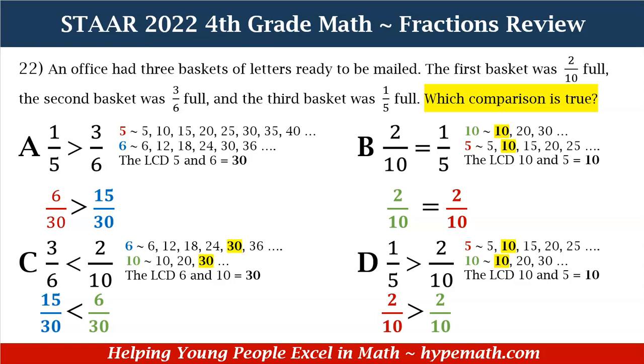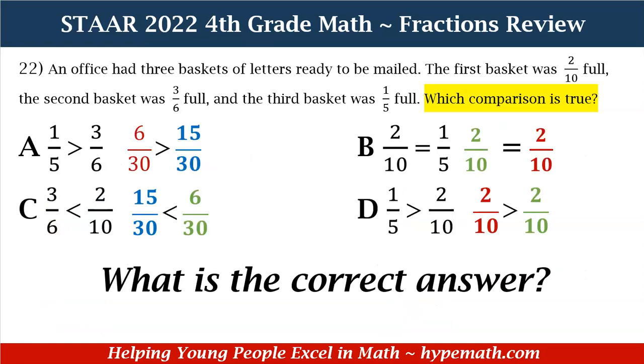So how do we solve the problem? All we need to do is take a look at our numerators because our denominators are the same, okay? So for A, we're going to ask, is 6 greater than 15? For B, is 2 equal to 2? For C, is 15 less than 6?